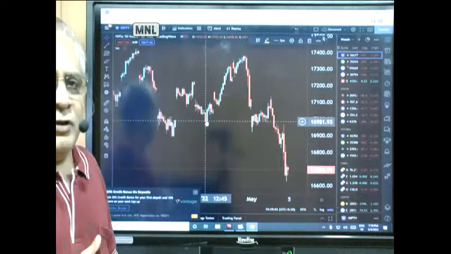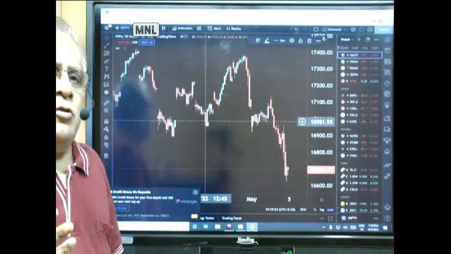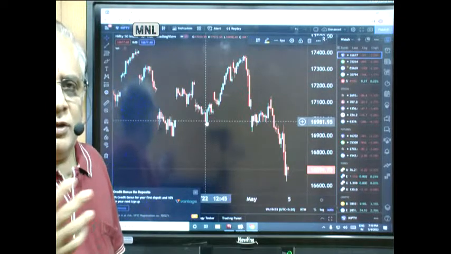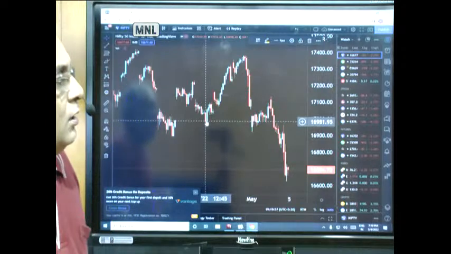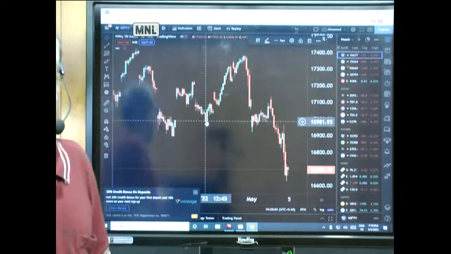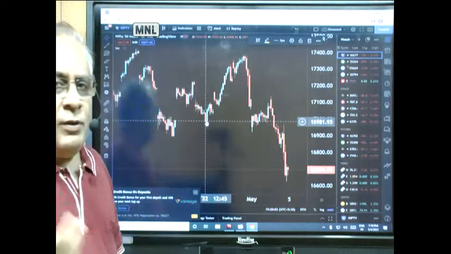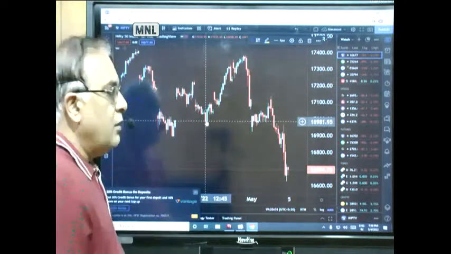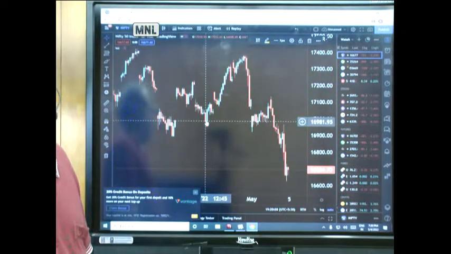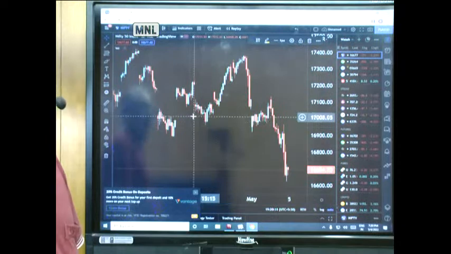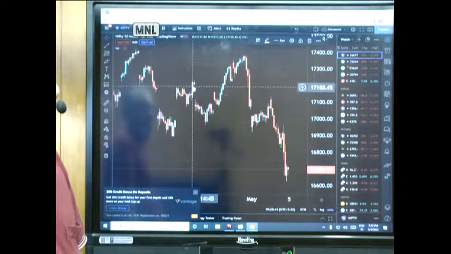So because that day was 17,060, today it should have closed at 16,860 or somewhere around 850, even if there is a fall. But it closed at 16,677, so there is an extraordinary day like this. But otherwise, as per the volatility scheme of things, it should have stopped normally almost at the volatility range, which is the previous day 17,195 or so.